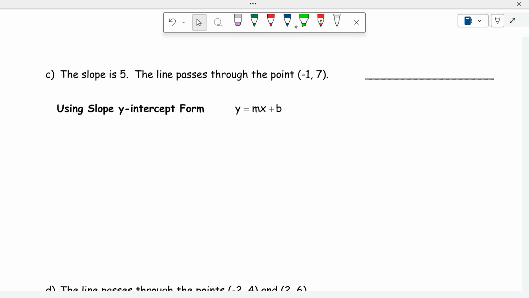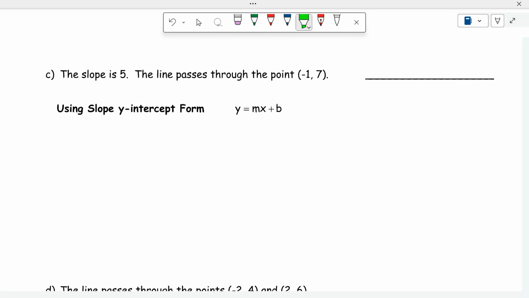When I say parameters, those are the variables that we're solving for. So we have a parameter m and we have a parameter b. Parameter m stands for slope, parameter b stands for y-intercept. So from this information, which parameter am I missing? B. I'm missing b.